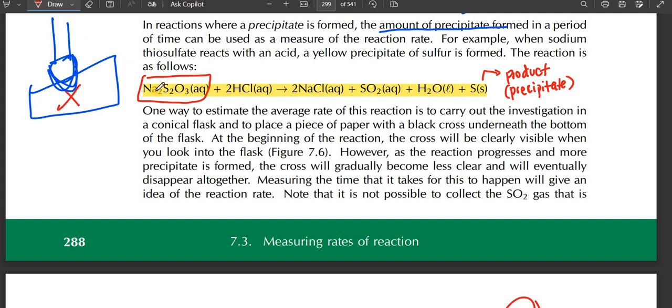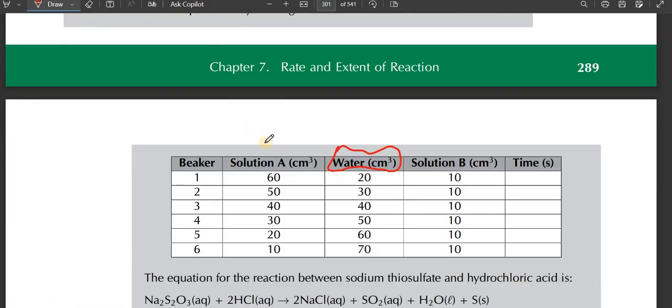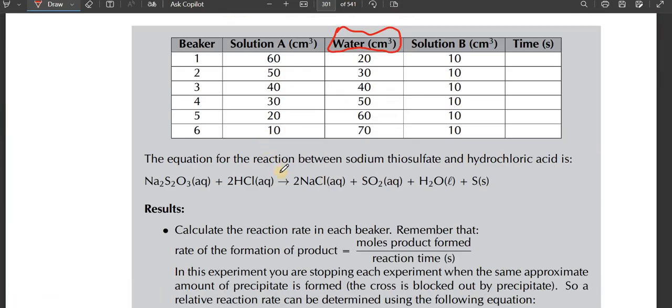And then as time is going, what is happening? You can see that the volume is decreasing. This is the volume of the sodium thiosulfate, Na2S2O3. That is the volume there.